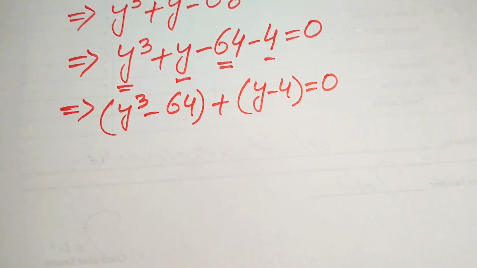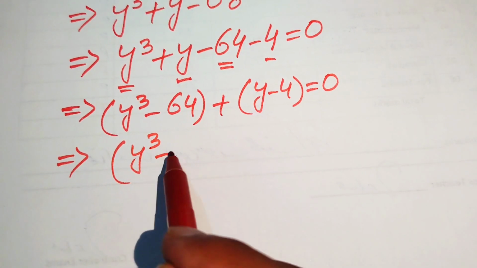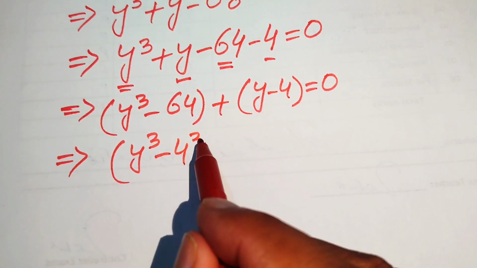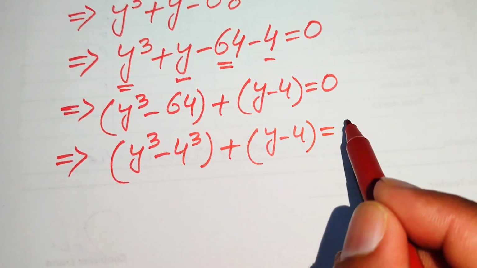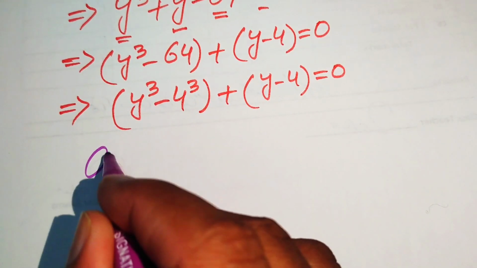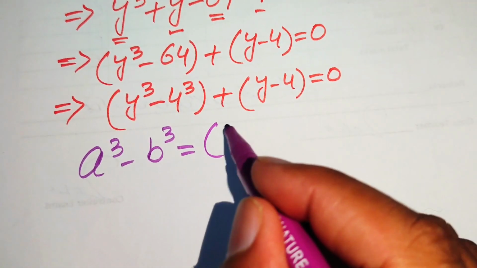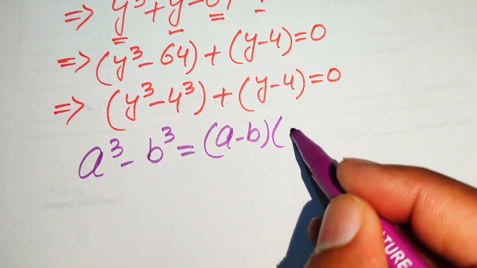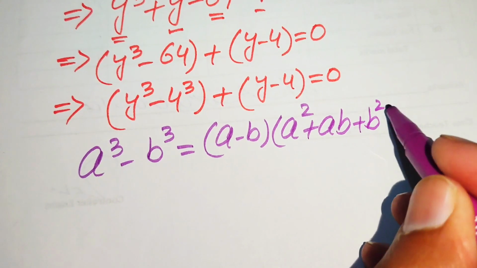And now in the next step, we rewrite this equation as y cubed minus 64, and we write 64 as 4 cubed, plus y minus 4, and this whole equals 0. And now in the next step, we use the nice cubic formula, and you know about this formula: if we have a cubed minus b cubed, it equals a minus b times a square plus ab plus b square.